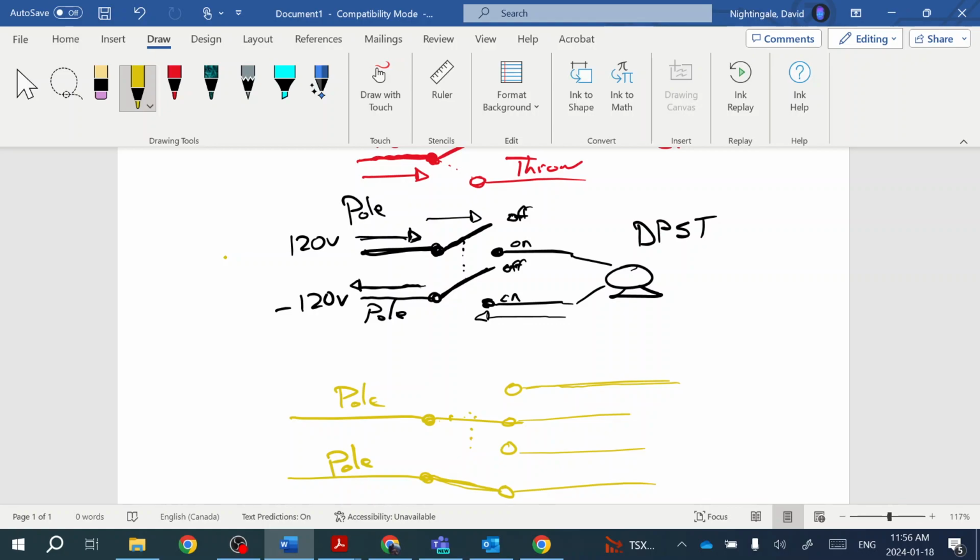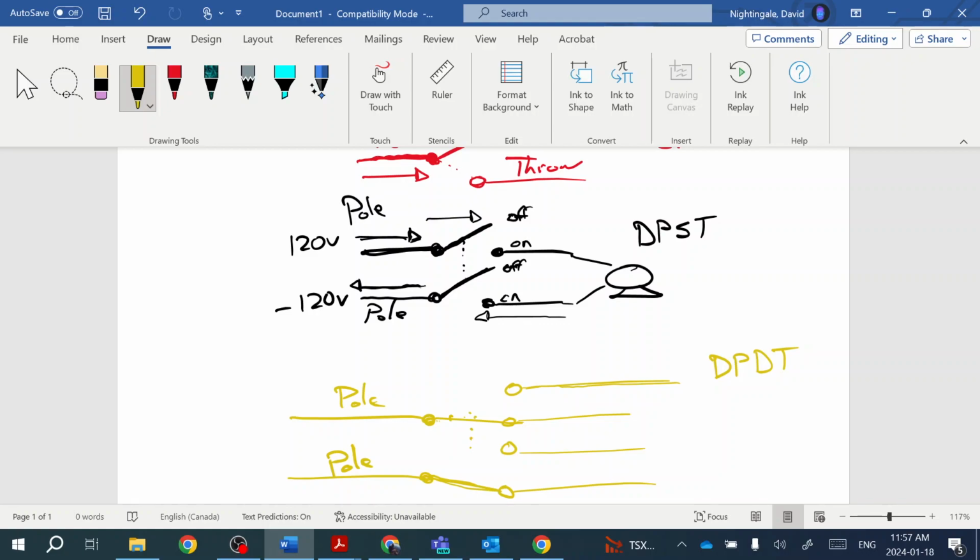And so you have two positions that are going to be viable options to send current to your downstream load, or what have you. So this would be your double pole, double throw switch. Not very common in typical house wiring or anything like that, but one that you might be tested on.